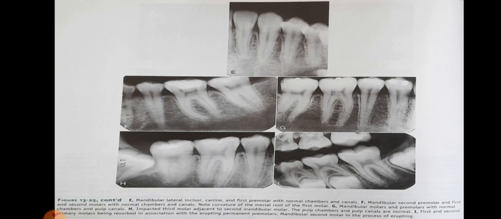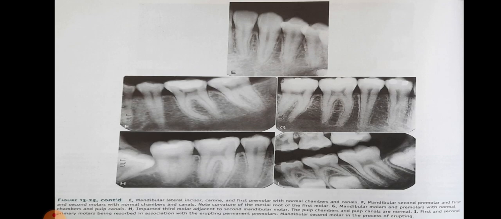You can see the curvature of the mesial root of the mandibular first molar, which is more frequently seen. Note the curvature of the mesial root of the first molar. Here the curvature is much more, so it has a significant curvature, right?